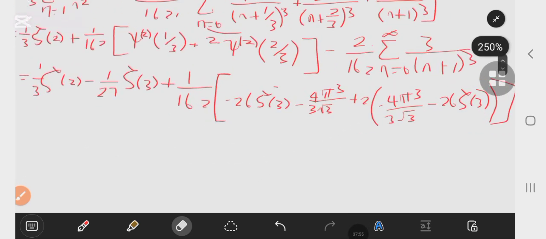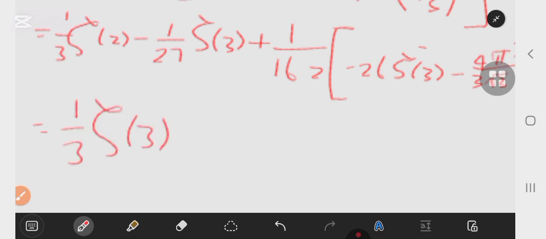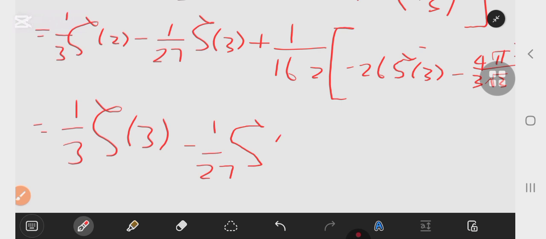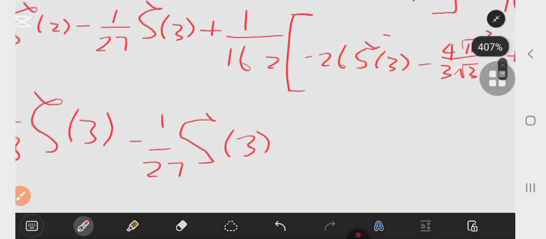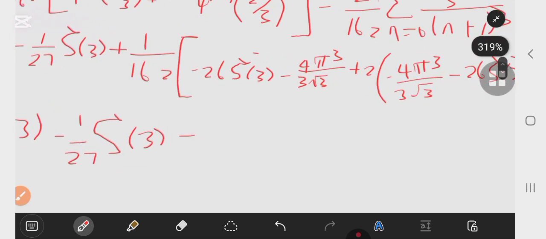So this is 1 over 3 zeta 3 minus 1 over 2, 1 over 27 zeta 3. Then here I'm having minus 14 over 27, sorry, minus 13.